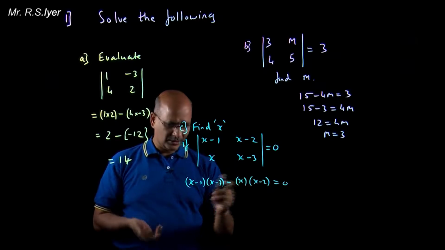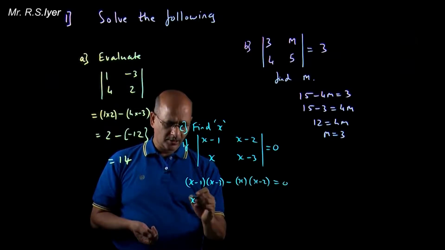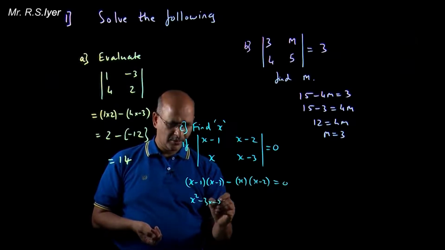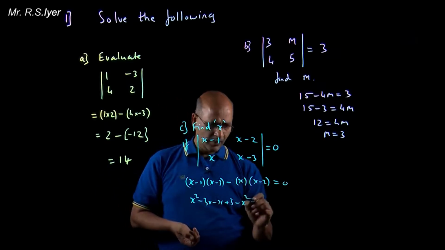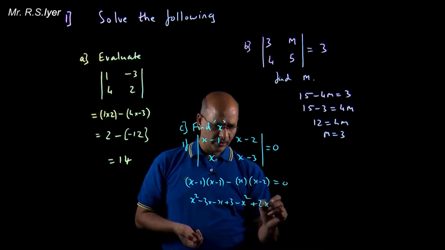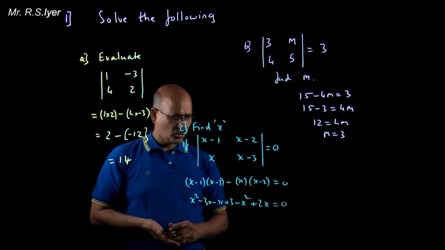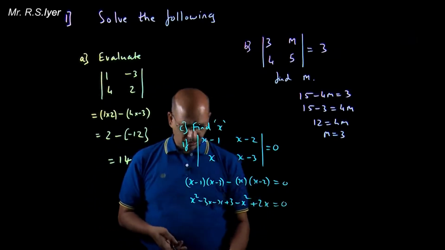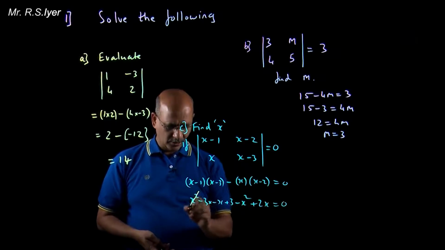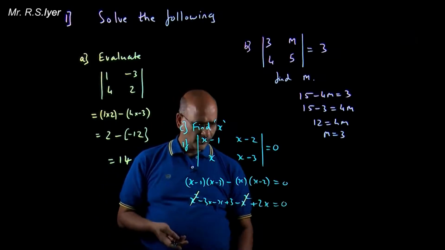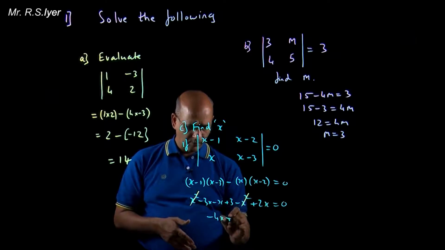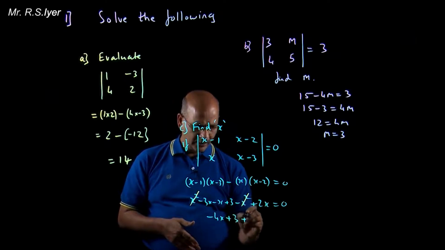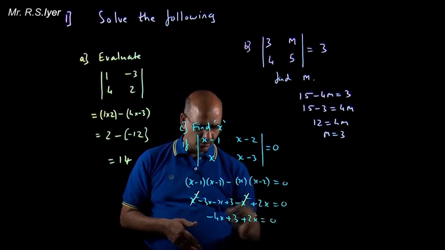I think there is nothing to get a clue here. So this is x square minus 3x minus x plus 3 minus x square plus 2x equal to 0. So what happens finally? I think we can eliminate this x square here, right? I need to find the value of x. So this is minus 4x plus 3 plus 2x equal to 0.